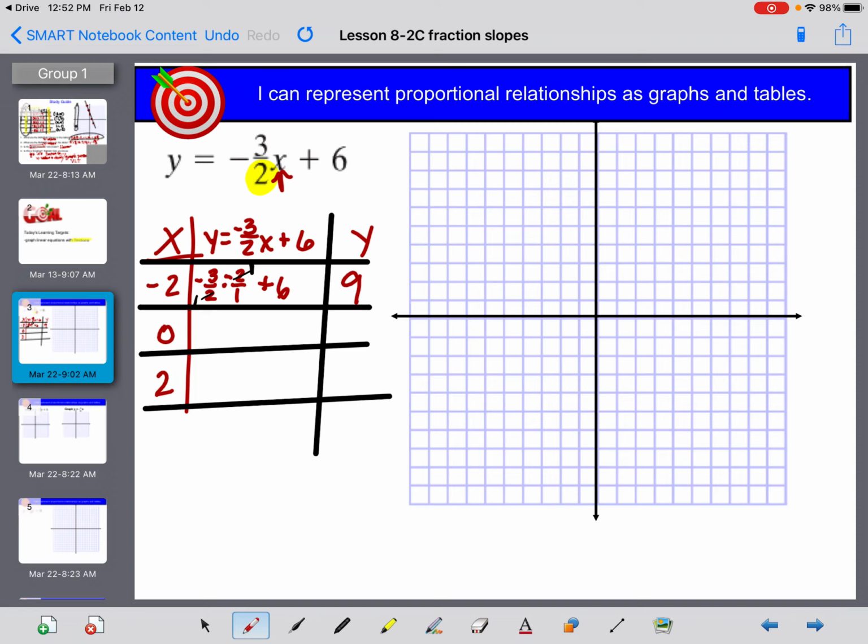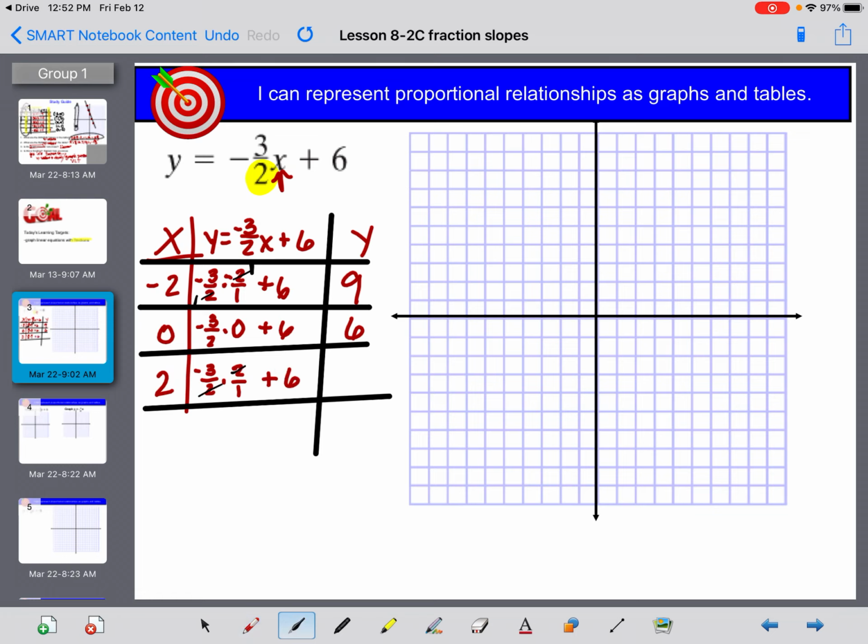Now let's try doing it again, but this time let's use 0. Negative 3 over 2 times 0 plus 6. Negative 3 over 2 times 0 is 0. Fraction went away. 0 plus 6 is 6. Let's do another one. Negative 3 over 2 times 2 over 1 plus 6.